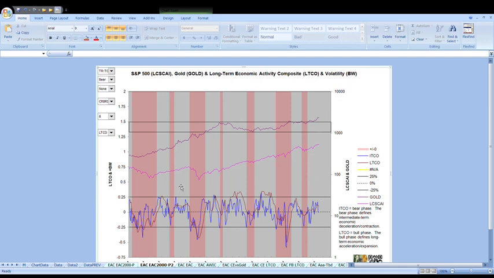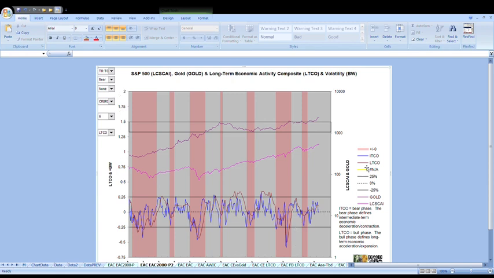And the EAC is the best indicator of real economic activity that we could come up with, and we've used it for years. It's shown us all the major problems way before they come, and it allows us to get defensive.